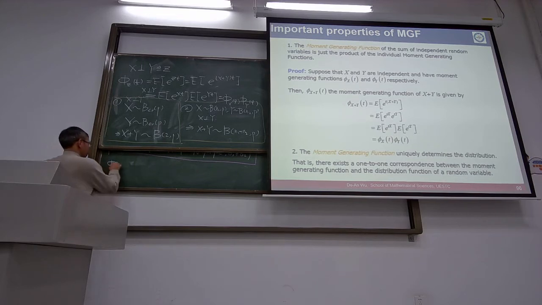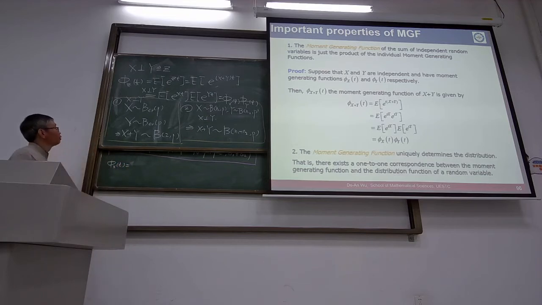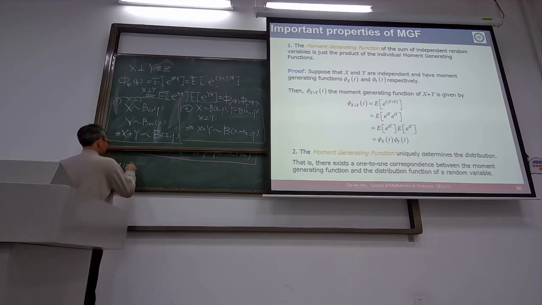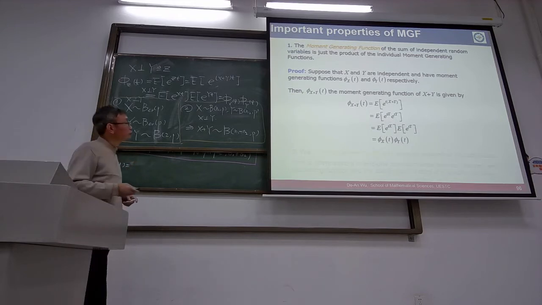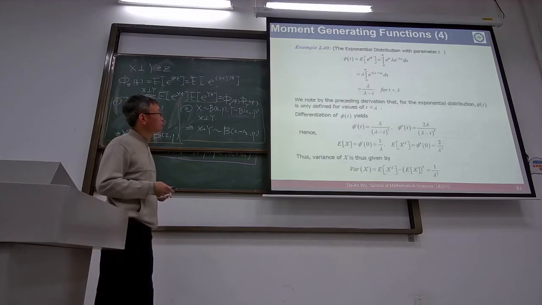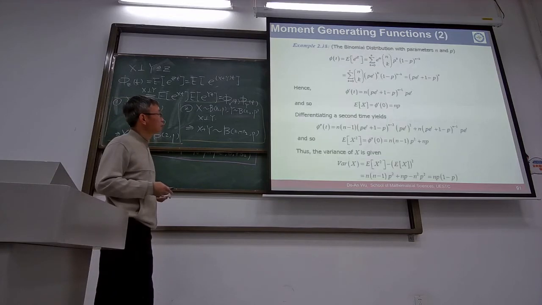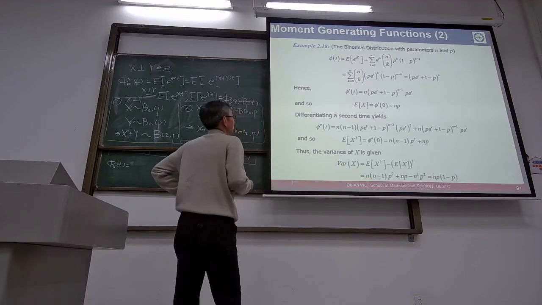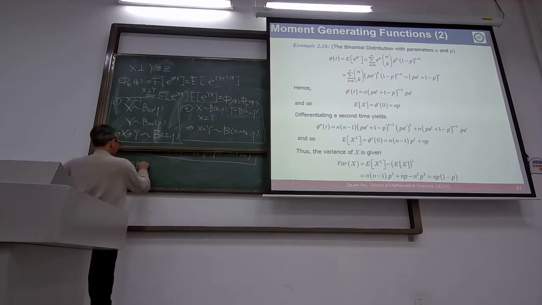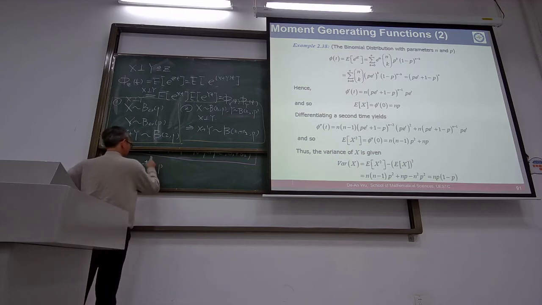The moment generating function of X is just the special case of binomial 1, p. So the binomial moment generating function is just p e^t plus 1 minus p.